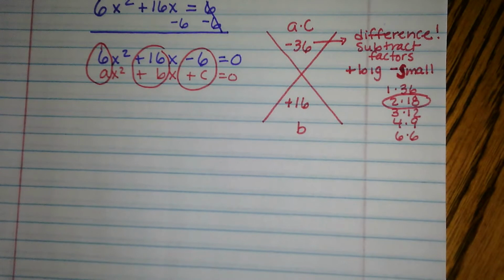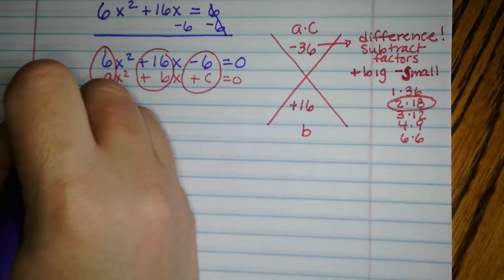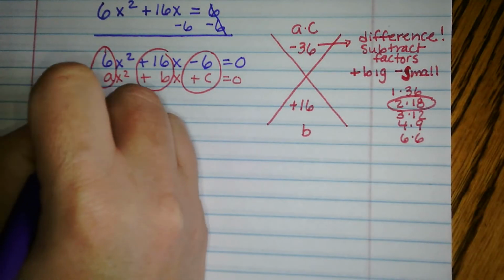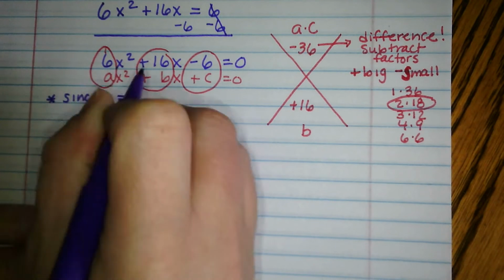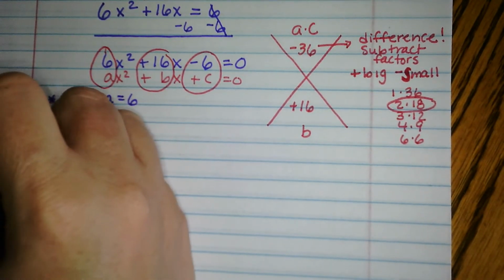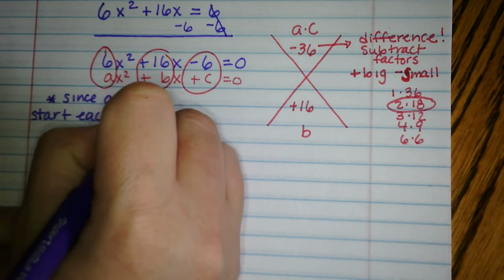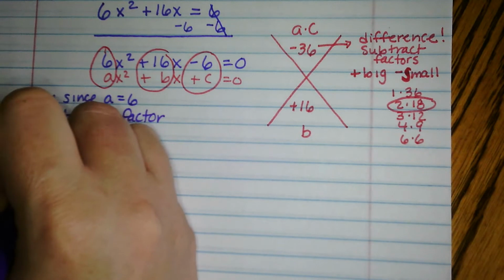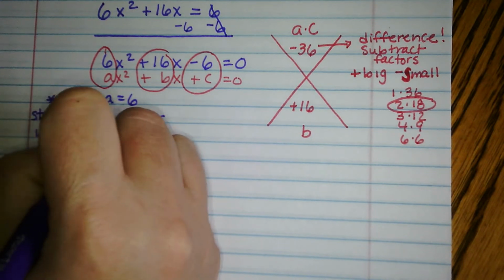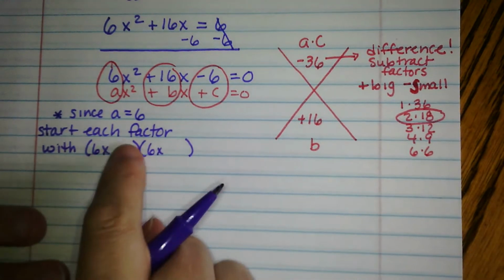However, here's where it becomes advanced. What we have to remember is that since a is 6 up here, we need to start each factor with a 6x in the front.